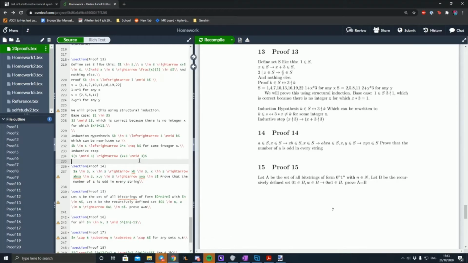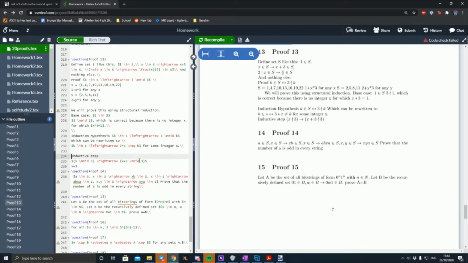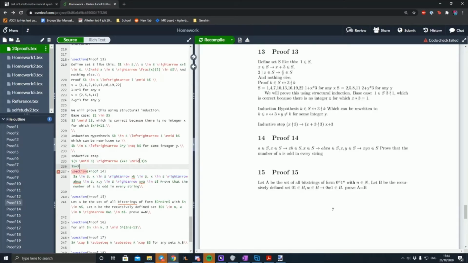So, okay, then we can say x plus 3. Let me use another number here, actually. Let's call this y. So let's say in this case x plus 3 does not divide 3.